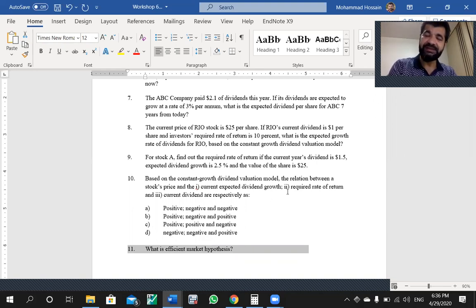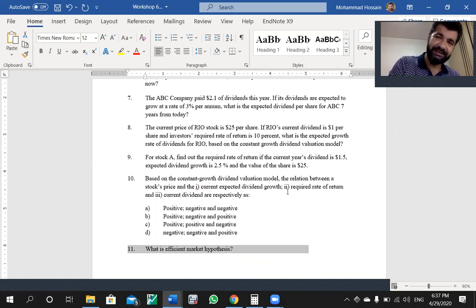Efficient market hypothesis means this. Look, before I go ahead with efficient market hypothesis, what does it mean? I want to talk a little bit more about the market, how the market system works.